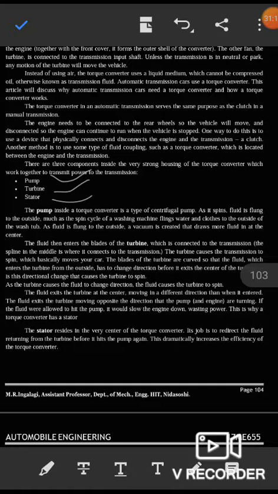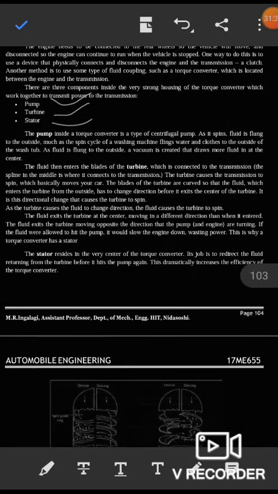As fluid is flung to the outside, a vacuum is created that draws more fluid in at the center. The fluid then enters the blades of the turbine, which is connected to the transmission. The turbine causes the transmission to spin, which basically moves your car.